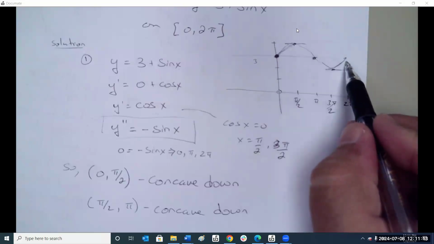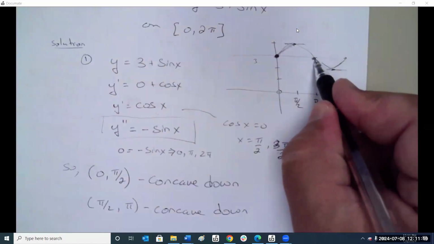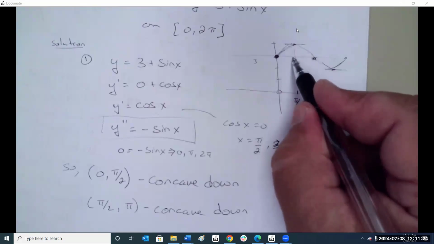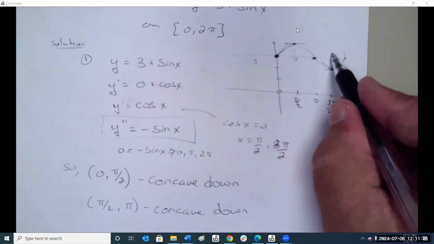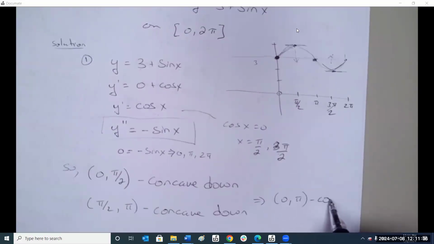But we can't use the endpoints because they can't be points of inflection. The point of inflection is the middle. This is concave down. This is concave up. So we know that from 0 to pi, it's concave down.